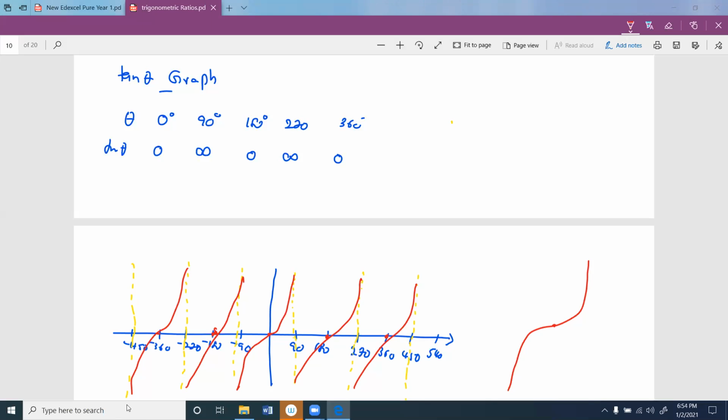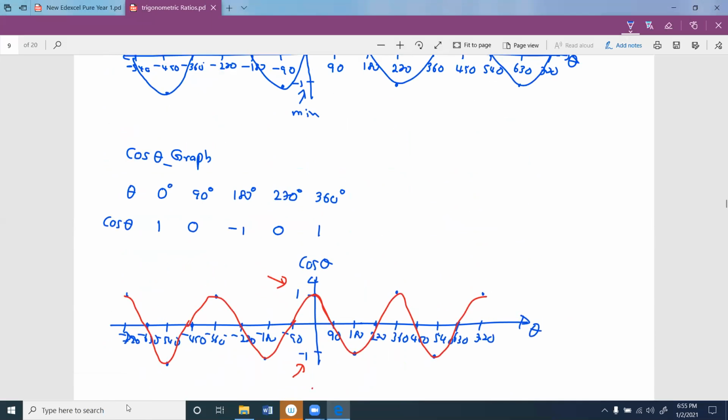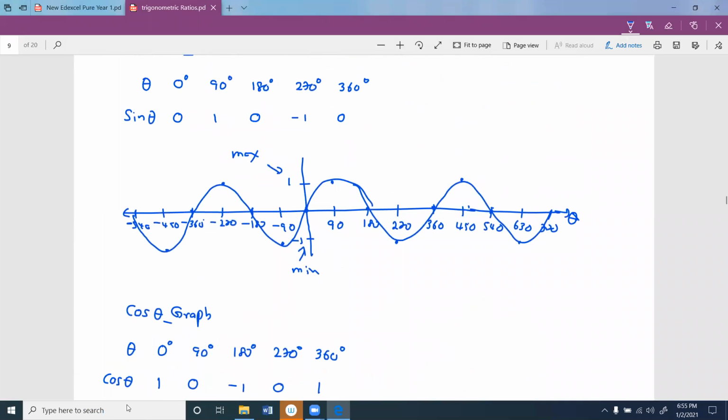So for tan theta, there is no upper boundary or lower boundary. What you can understand is, for tan theta you can get any figure as an answer, but for sine and cos the limits are from +1 to -1. So take your calculator and see whether tan inverse of 1.2 exists.